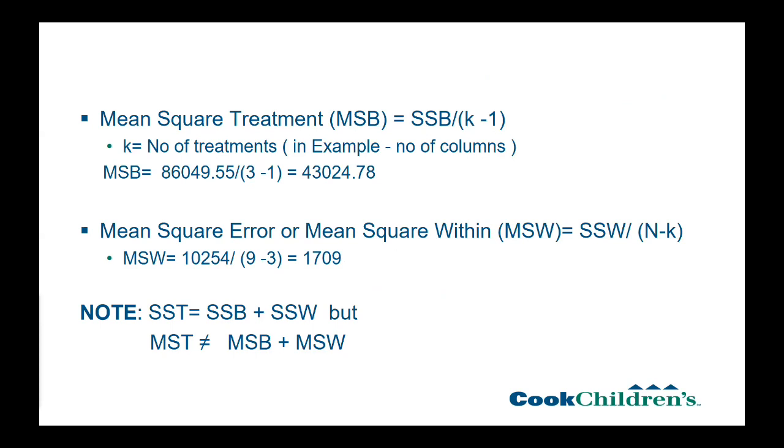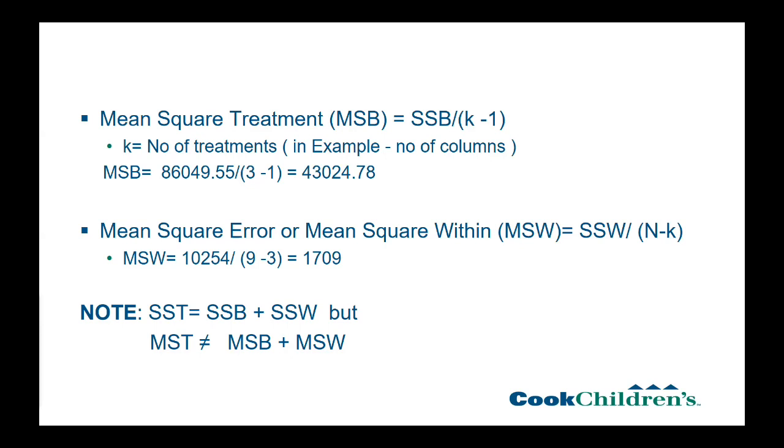And then for the mean square treatment, or the mean square between, you have the value as 43,024. The degree of freedom in this case is 3 minus 1 because you have 3 different groups: type A, type B, and type C cars. That's why you have 3 minus 1.